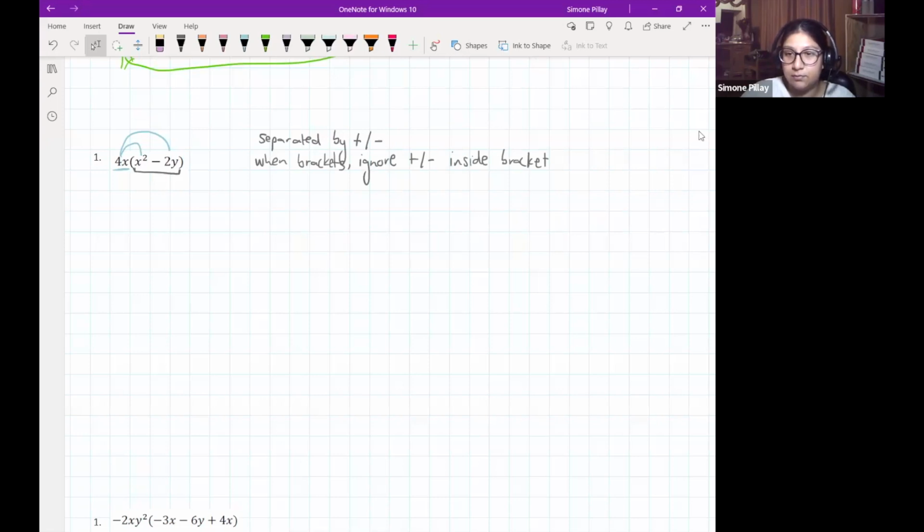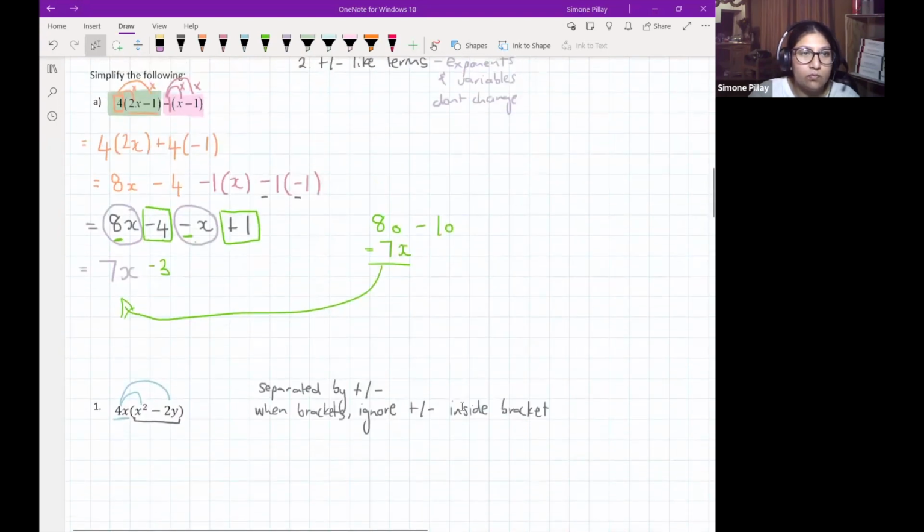Ma'am, can I please ask? Mm-hmm. Ma'am, on the last one, why did we put plus between 4 bracketed 2x, then close bracket, plus 4 bracketed -1?